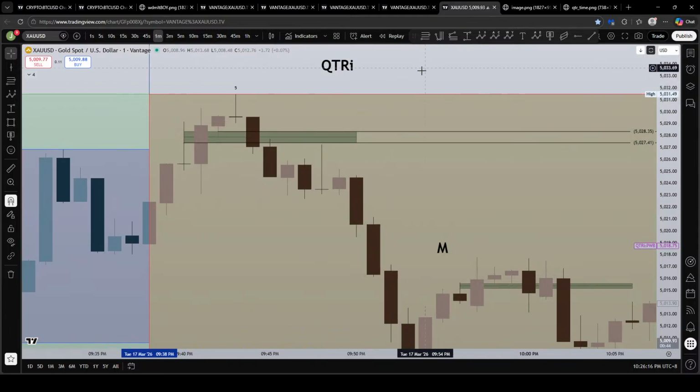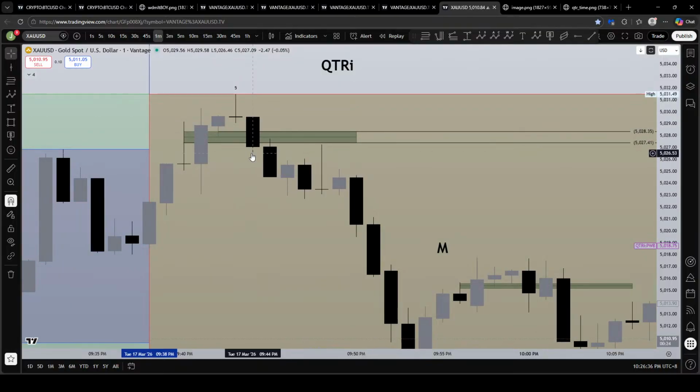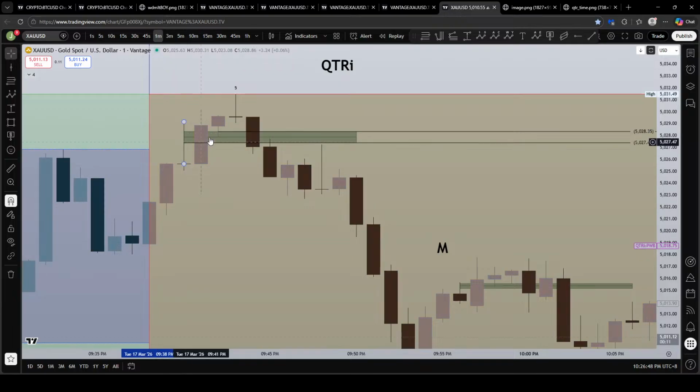If you are familiar with inverse FVG or IFVG, you look for a fair value gap, and if that fair value gap was body broken by the next candle, then that can be considered an inverse fair value gap. However, in this case, the fair value gap that I am using is an implied fair value gap.